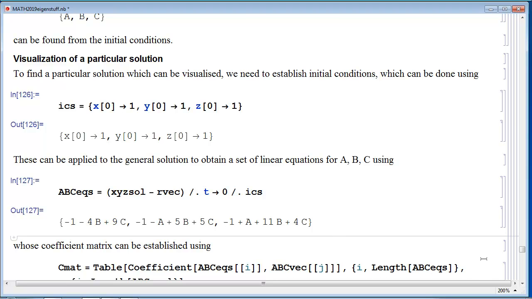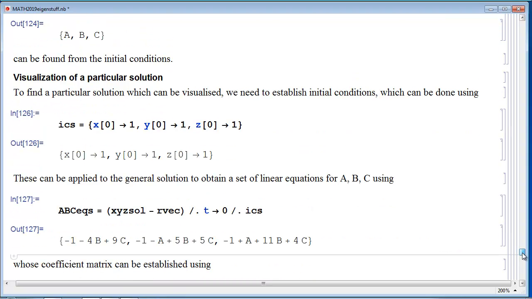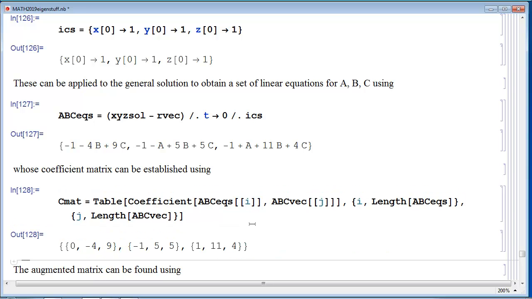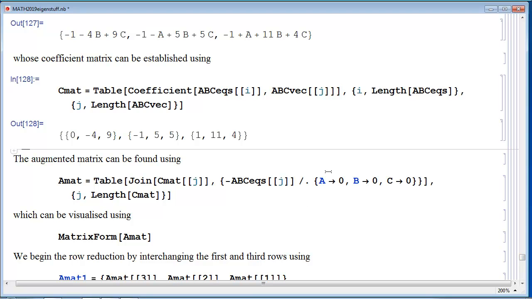So we again turn the Gaussian elimination handle and define the coefficient matrix using this, and then the augmented matrix can be found by joining this matrix, or each row of the coefficient matrix, to the corresponding, or the negative of the corresponding number here.